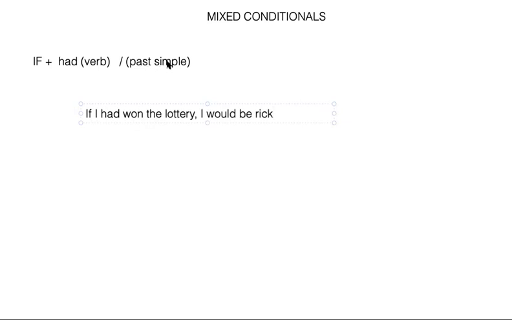But when you mix conditionals, we are not talking about likelihood anymore. We are talking about a different thing. We are talking about chances. Okay, so in here, the chance that you have with the third conditional is, you guessed correctly, the past. And when you use the past simple, surprisingly, the second conditional belongs to the present.